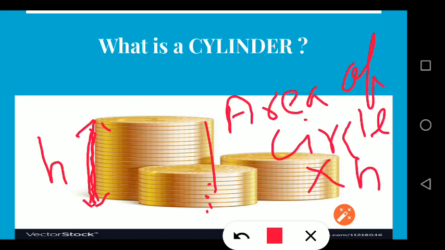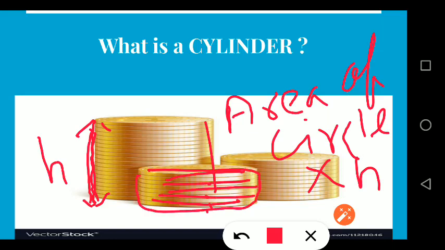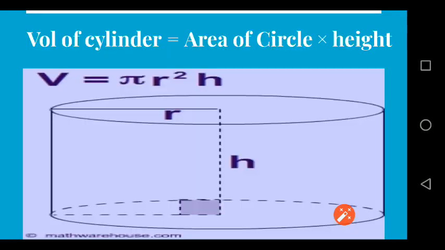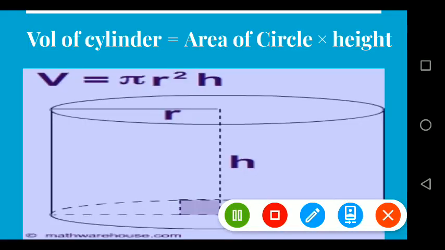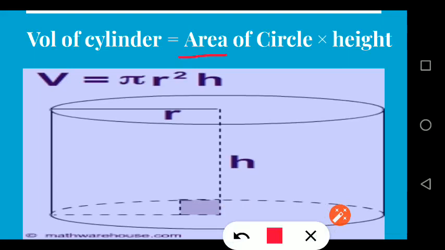Since this cylinder is made up of circles only, the volume can be written as area of circle into number of coins. But instead of the number of coins, if we take the height as h, then it becomes area of circle into h. So the formula for the volume of a cylinder is area of circle into height.